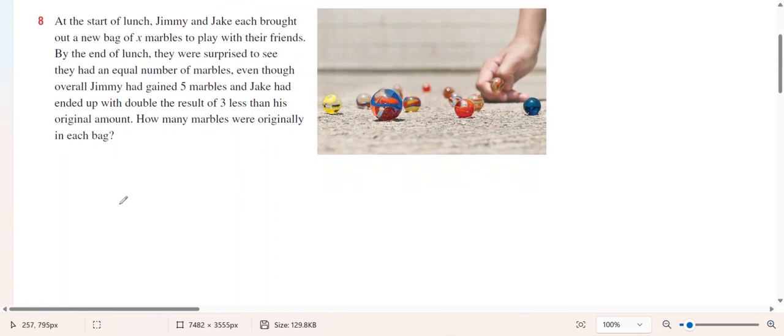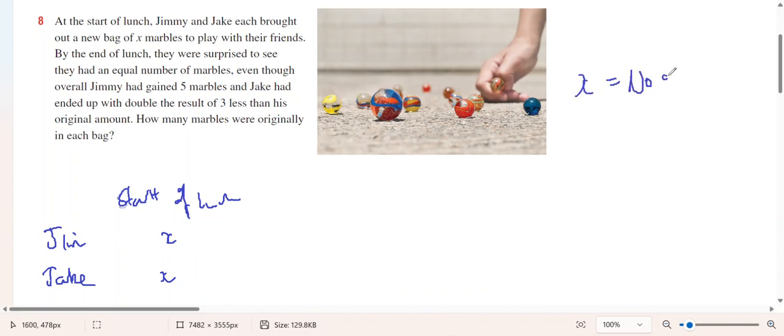So at the start of lunch, what have we got? Jimmy had X marbles and Jake had X marbles. So X is the number of marbles at the start of lunch.